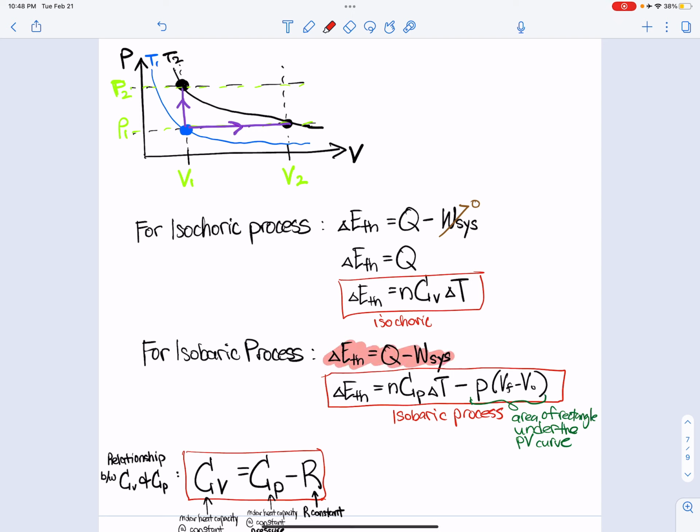For an isobaric process, when pressure is constant, we can't really cancel out anything in the first law of thermodynamics. Delta E_th equals Q minus work done by the system. But we can substitute things.